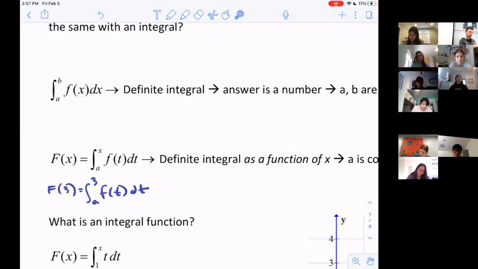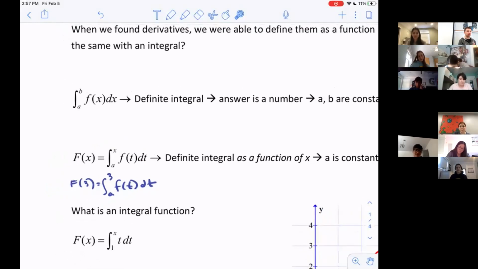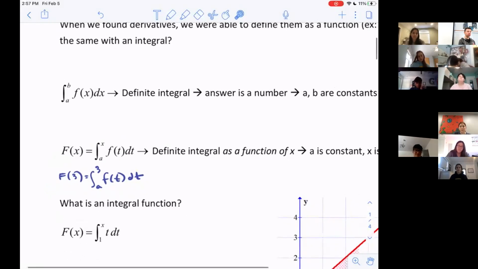Whatever my starting value a is, I've got a function that lets me find the area under some graph f of t from a to whatever that x value is. Like 3 would be from a to 3. 10 would be from a to 10. And a would be a constant again.